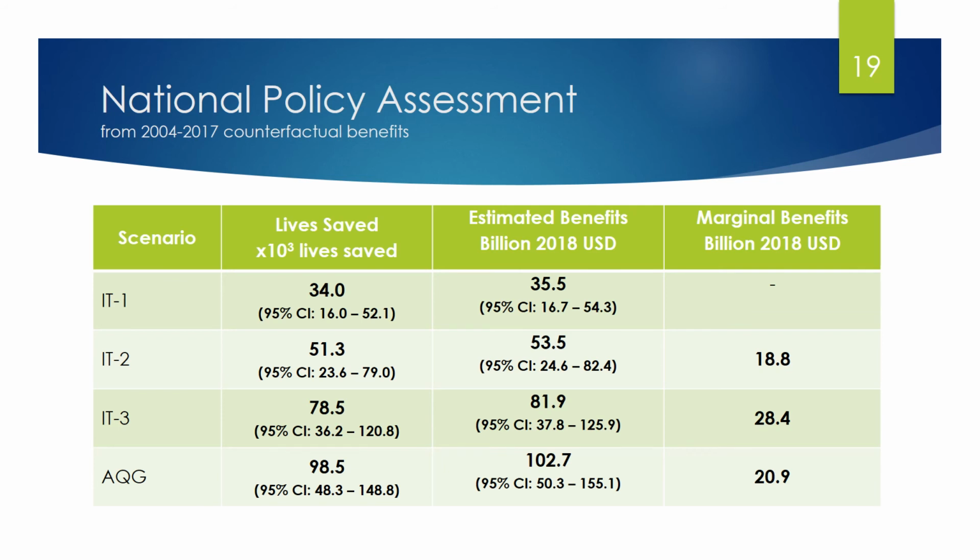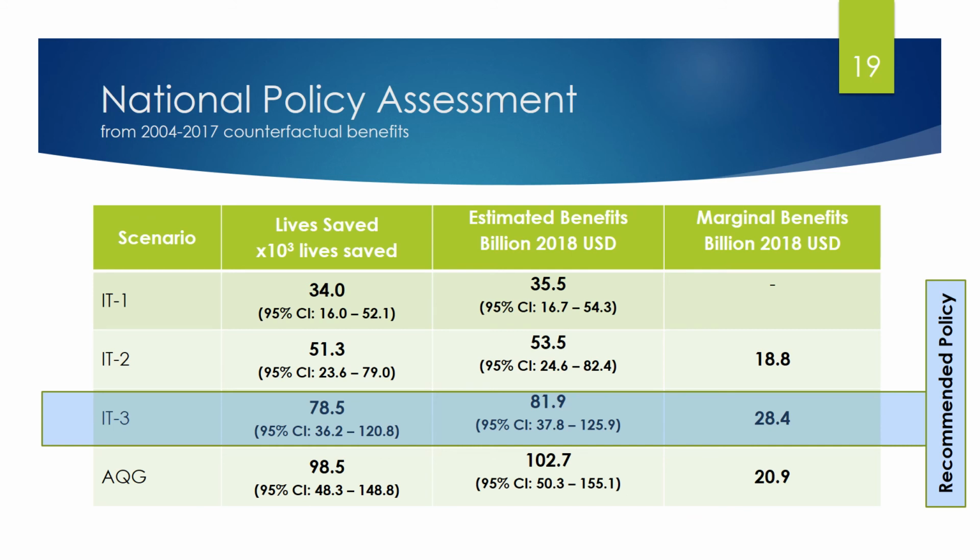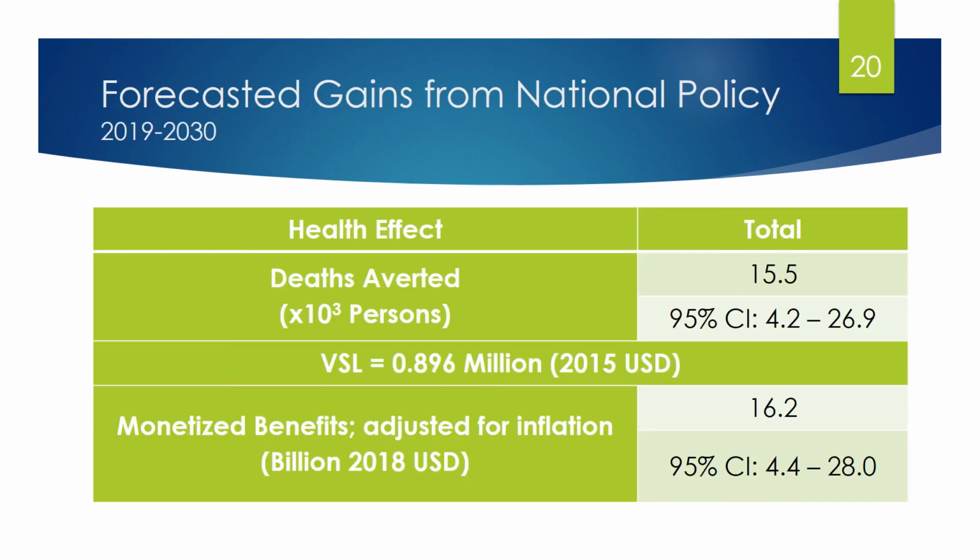Based on the marginal benefit column, you could see that IT3 had the highest marginal benefits, and as such we've used this as our recommended policy in our forecast from 2019 to 2030. So based on this, we have forecasted the gains from a national policy on PM2.5 specifically from 2019 to 2030.